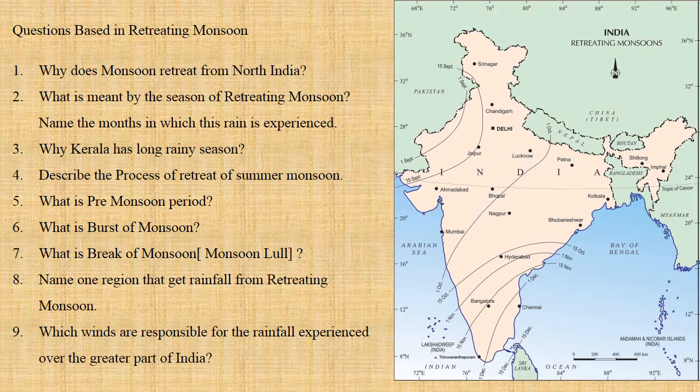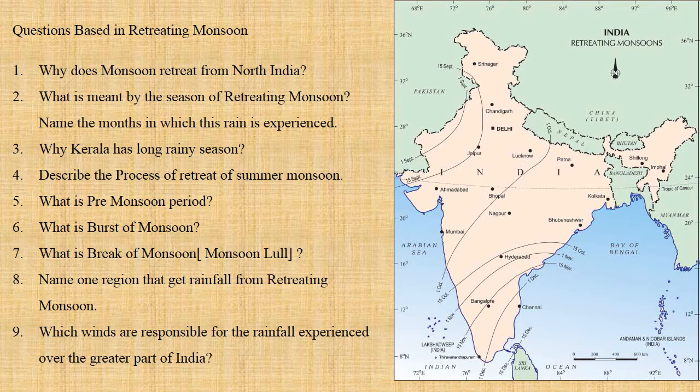Burst of monsoon means the first rain that we get with thunder, lightning and storm. That is called the burst of monsoon, which takes place in the month of June, or also in the last week of May. So how to explain burst of monsoon? It is the first monsoon rain that comes with thunder, lightning and storm in the last week of May or first week of June. Let's go to the next question.